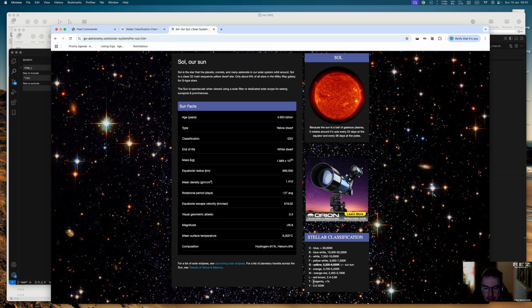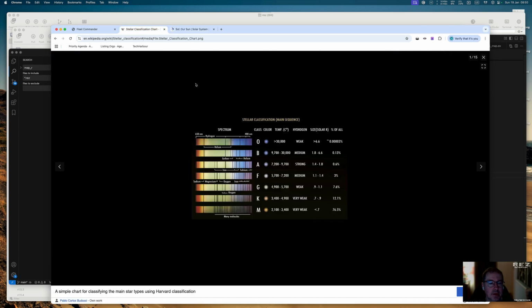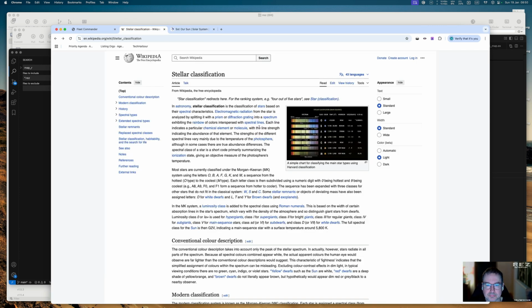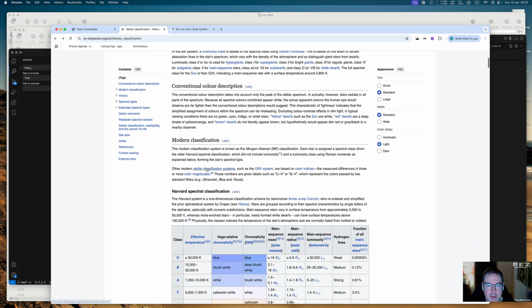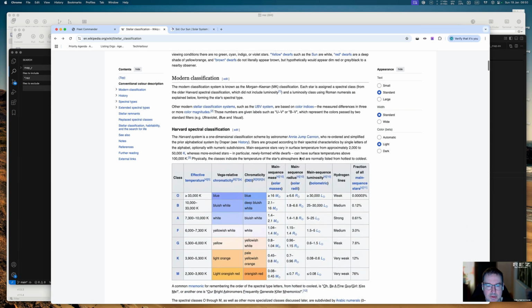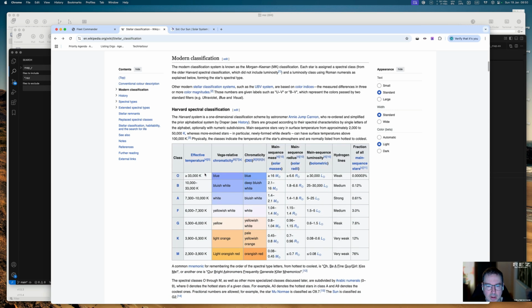We also seem to have L, T, and Y here, which aren't in this table. But this does say it's a simple table. Modern classification, Morgan scale. Okay. Right, so I don't know what chromaticity means.